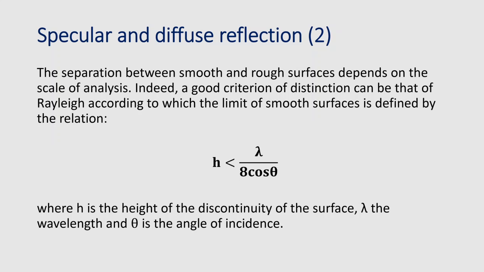If we are considering images acquired in the optical window, the lambda value is very small: a fraction of a micron for the visible, or very few microns if you are considering the near and middle infrared.